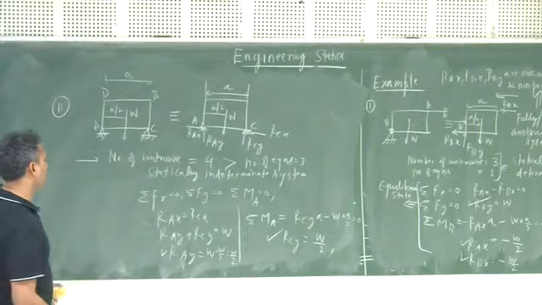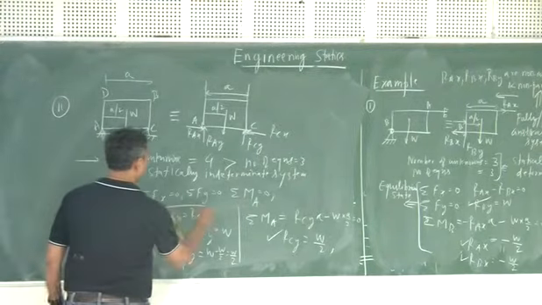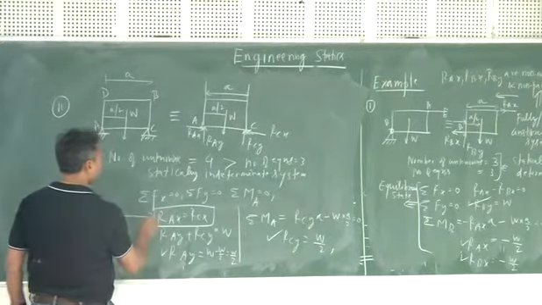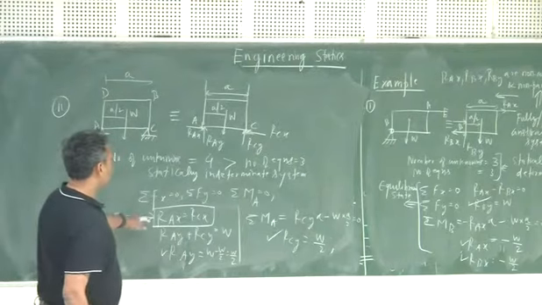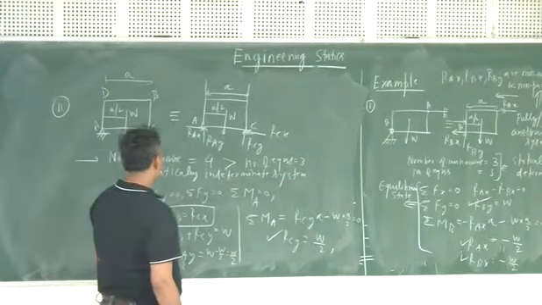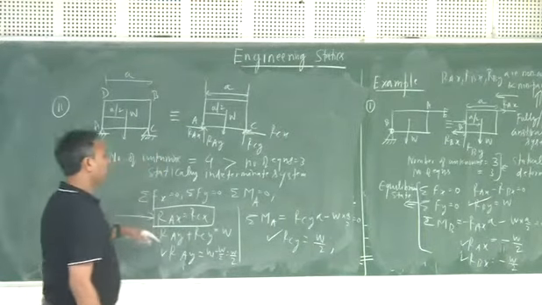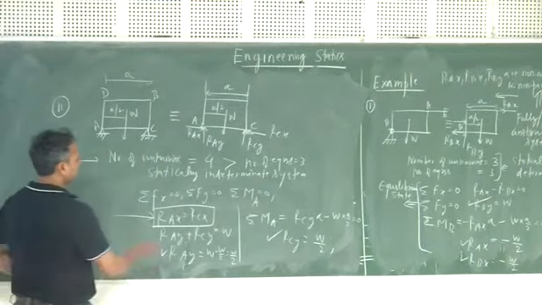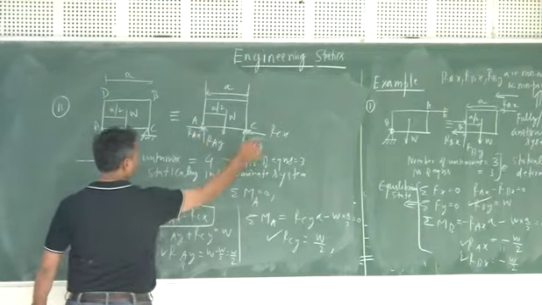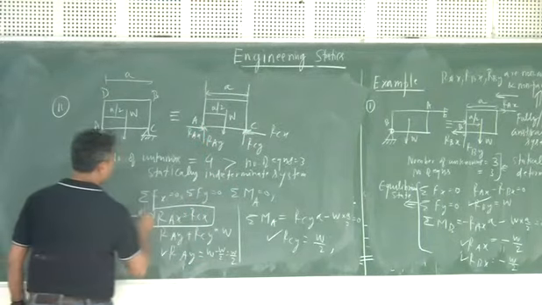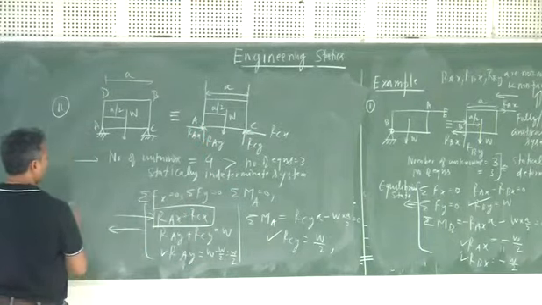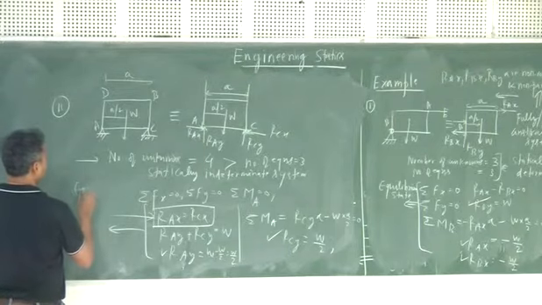Now, what you don't know is this particular point. This will remain statically indeterminate. However, to get the equilibrium condition, require that this RAX is equals to RCx. You may have your equilibrium condition satisfied.